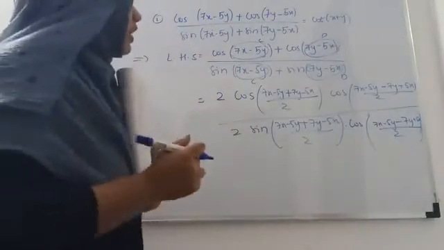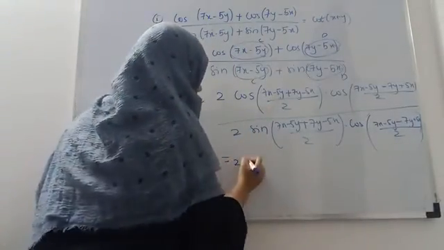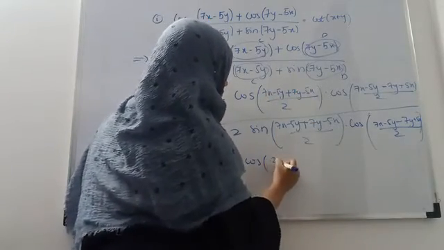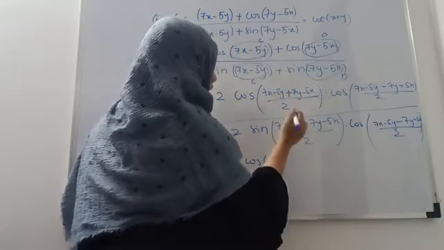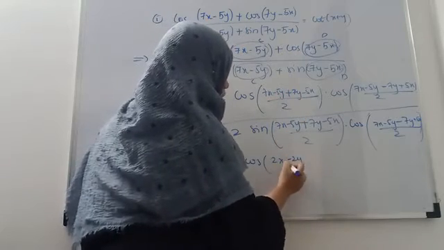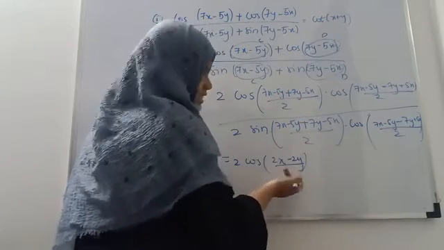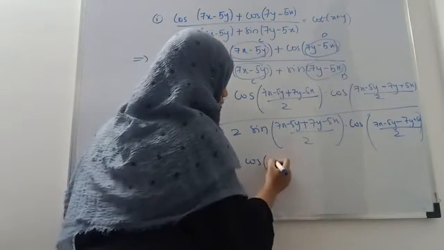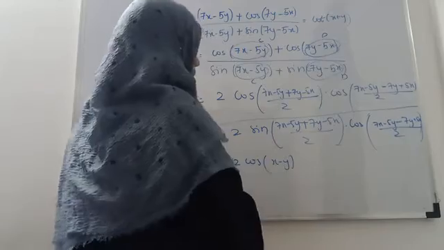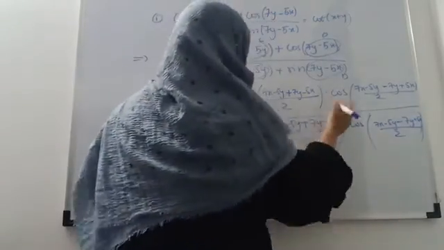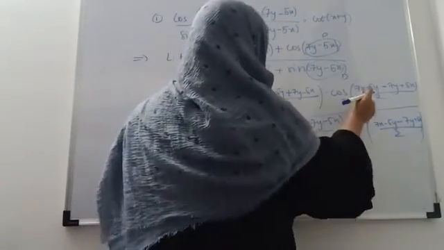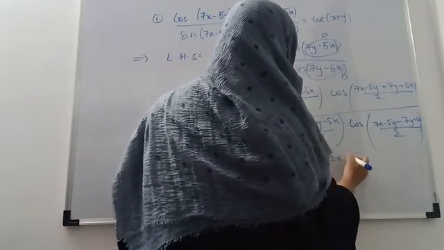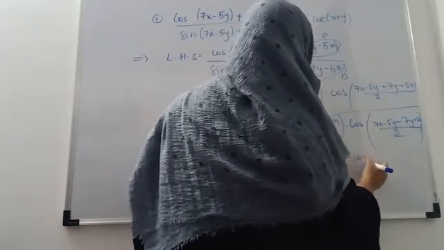Now we will calculate this addition and subtraction part. 7x − 5x is 2x, and 7y − 5y is 2y, upon 2. If you take 2 out, this 2 and this 2 will get cancelled and you are left with x + y, into cos of 7x + 5x, which is 12x − 12y upon 2.